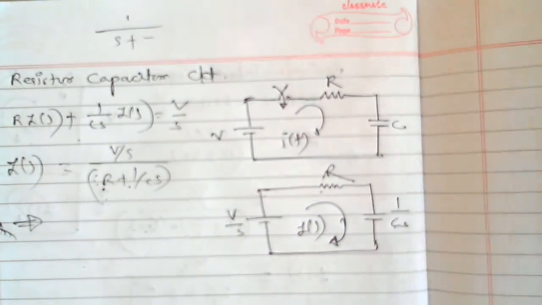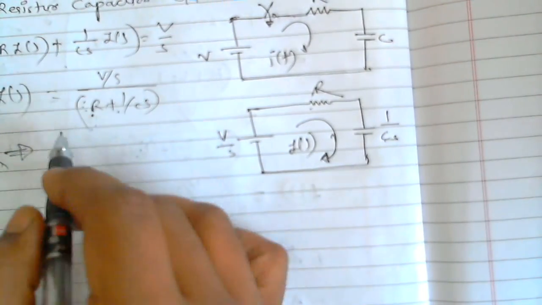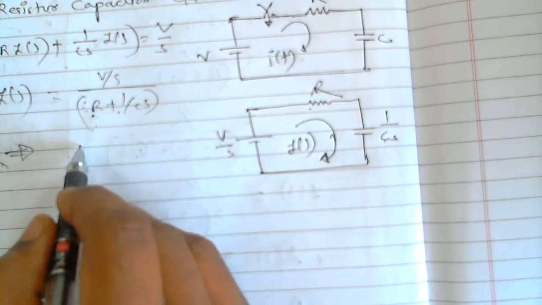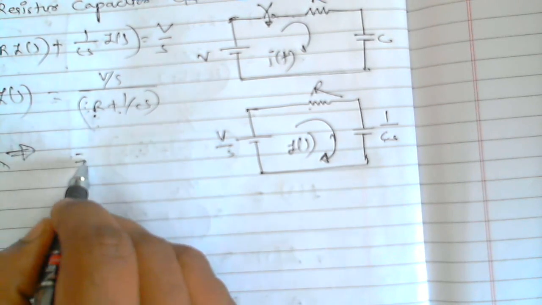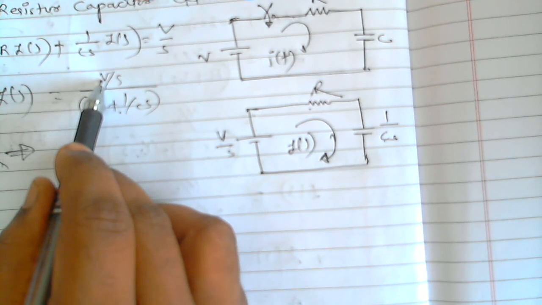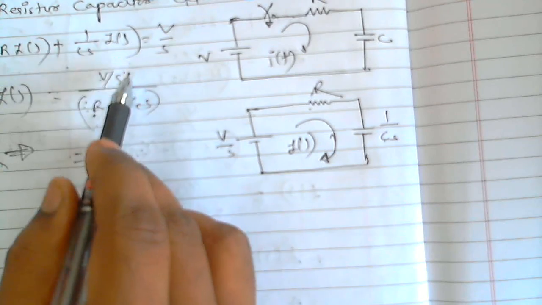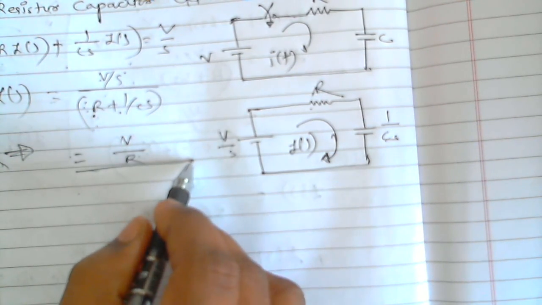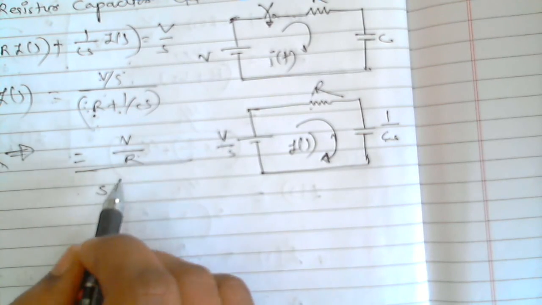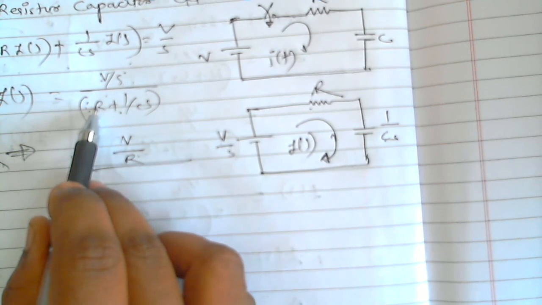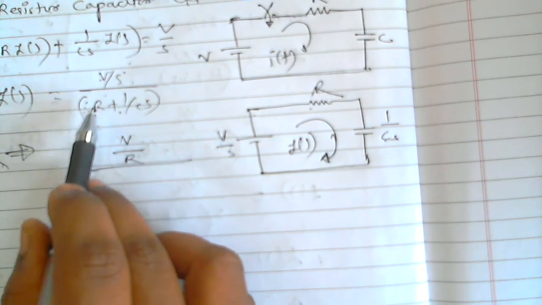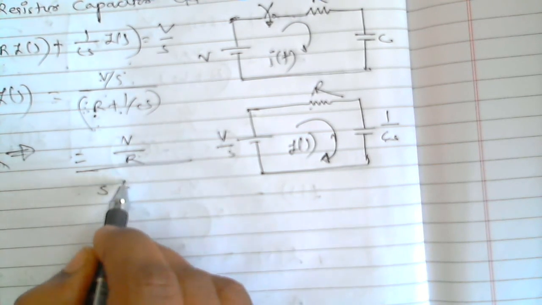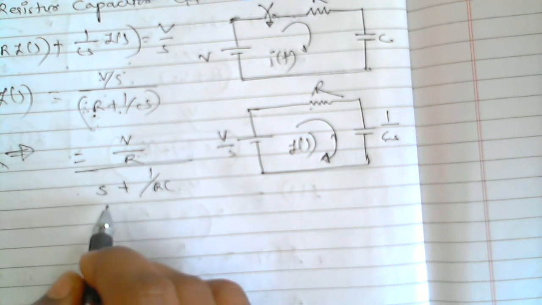Hence, I will multiply by S by R. When I multiply this term V by S into S by R, S will cancel and it will be V by R divided by S plus 1 upon RC.